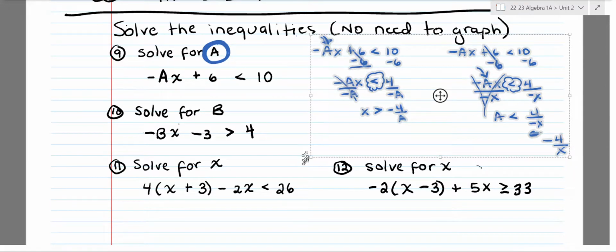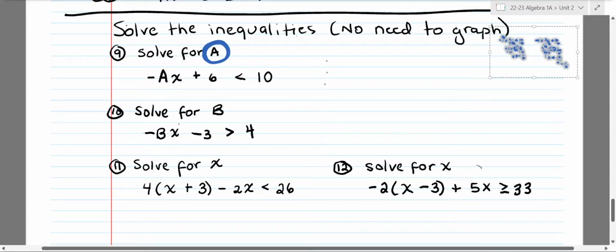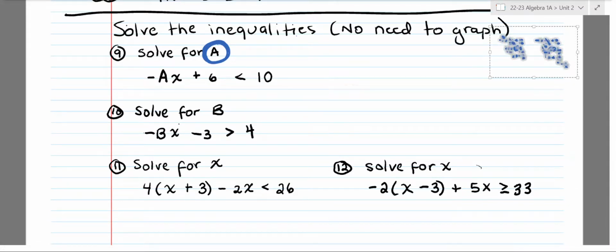All right, let's watch the magic. Let's shrink that, because you can always just rewind the video. And here we go. We have negative bx minus 3 greater than 4. And it says that we're solving for b. See if we can do it right this time. So we'll do plus 3.